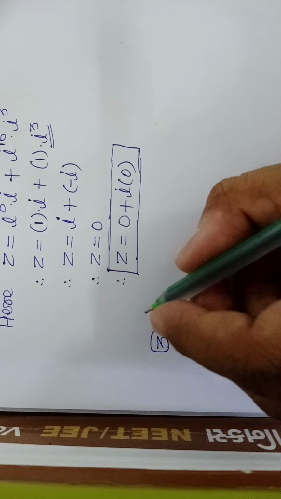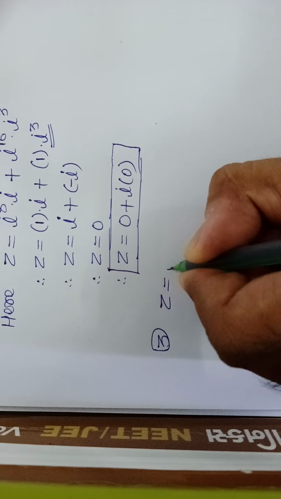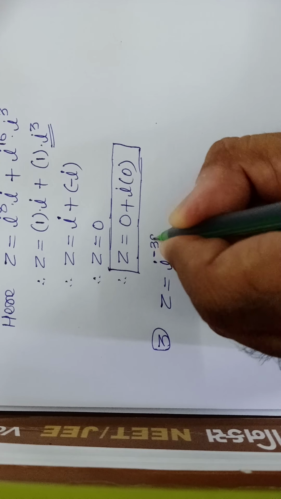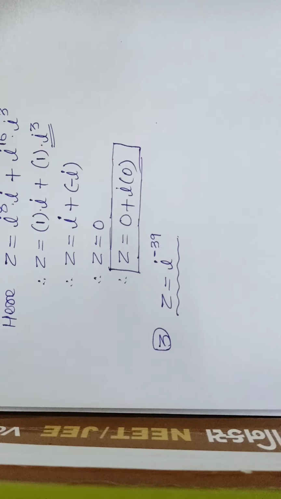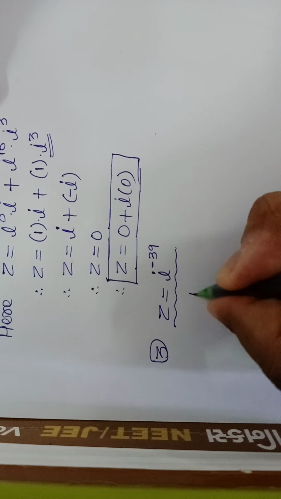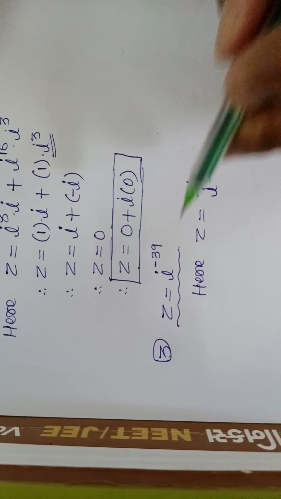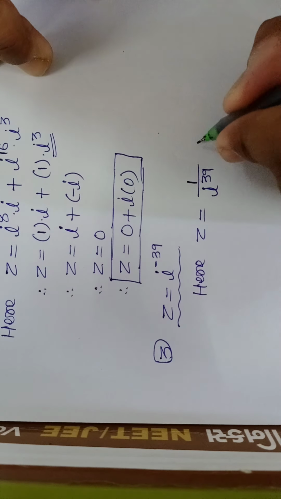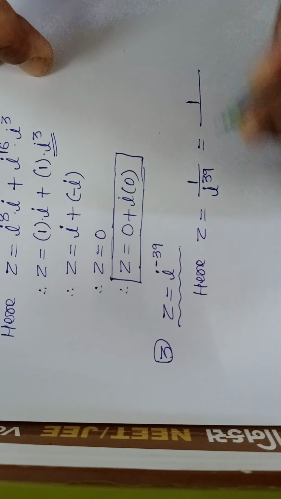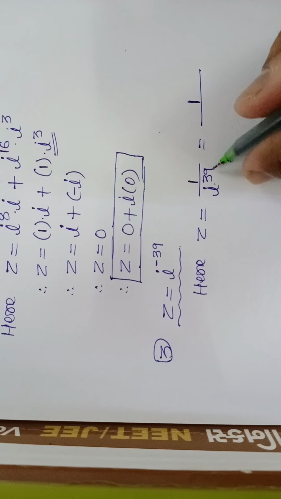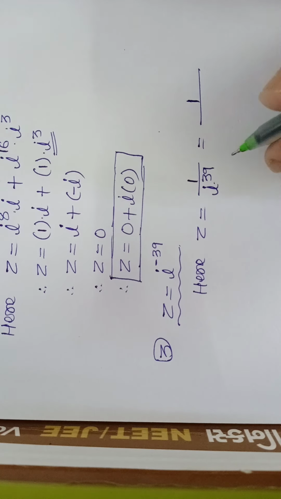A complex number z is equal to i raised to minus 39, my friend. I raised to minus 39. Okay, so I just write here z equals 1 upon i raised to 39. Now again I just write the nearest value to this 39 which is smaller than 39 and also a multiple of 4.